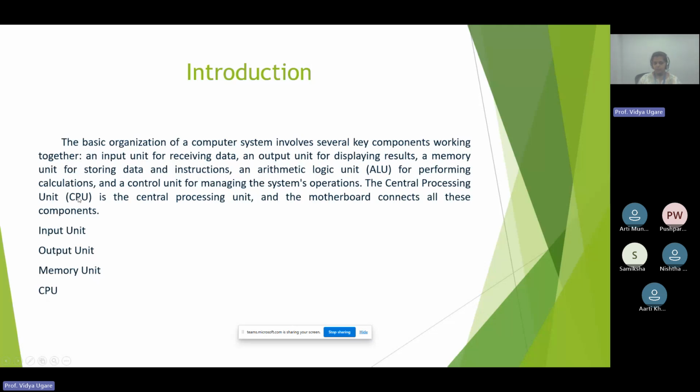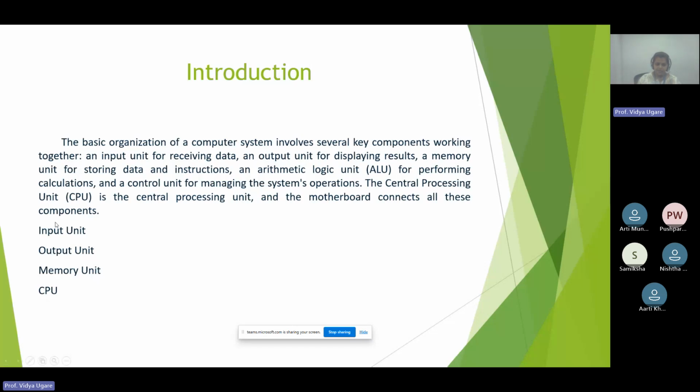And the most important is the CPU, that is central processing unit, in which we have two subcomponents. One is ALU. ALU means arithmetic and logical unit, and one more is CU, that is control unit. Of course we are going to see one by one what each particular unit is going to do.